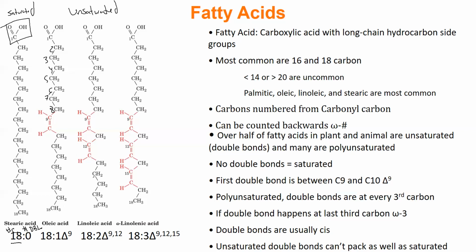Linoleic acid is 18 colon 2 because we have 2 double bonds, and they're called delta 9,12 because the double bond starts at carbon 9 and carbon 12. Here, linolenic acid, 18 colon 3 for 3 double bonds, delta 9,12,15 for their starting positions.